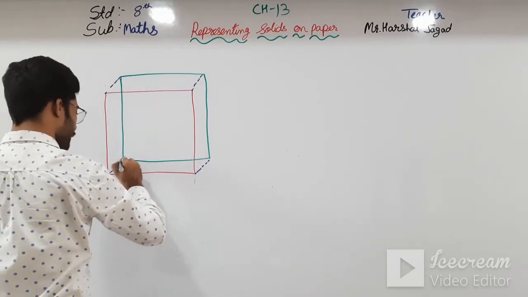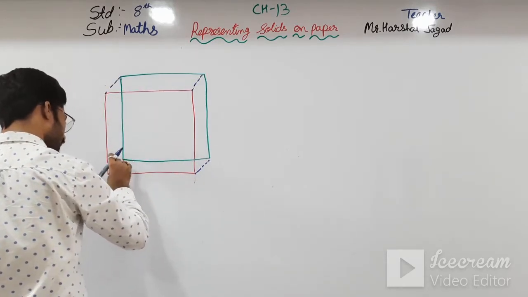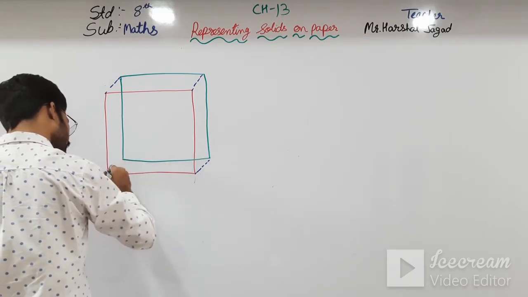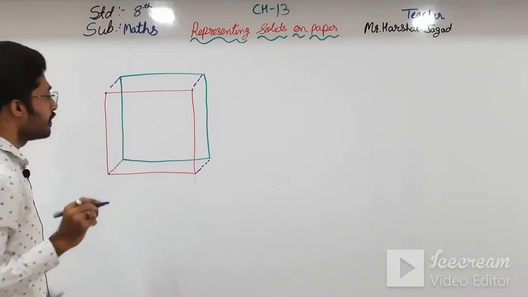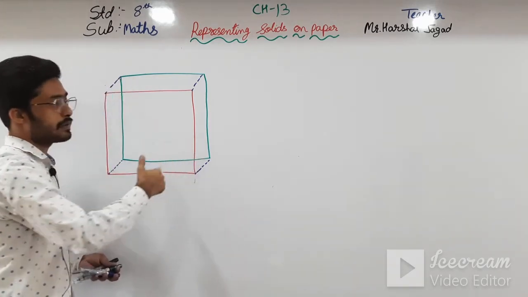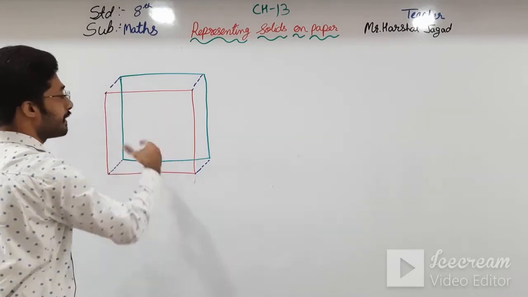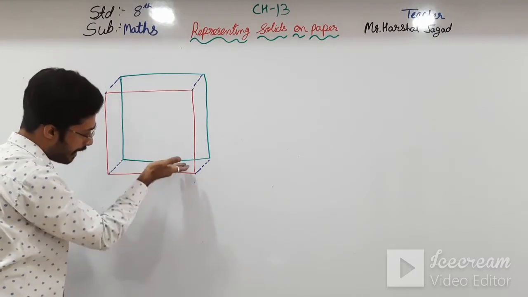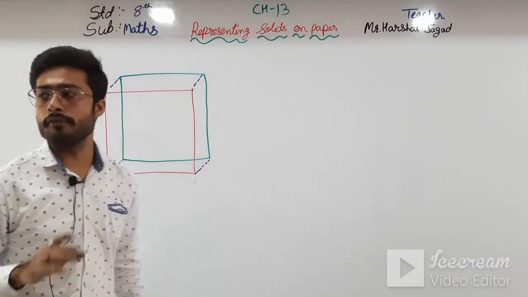You can see the structure. I think you have remembered how to draw a cube. The green marker is the backside part, and the red is the front part. This is the top view, this is the side view, and this is the bottom view of it.